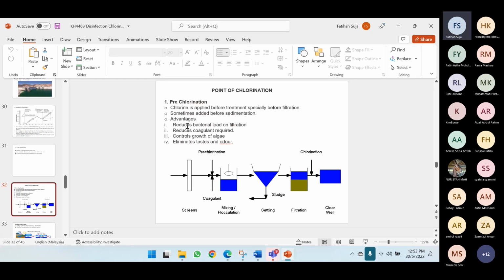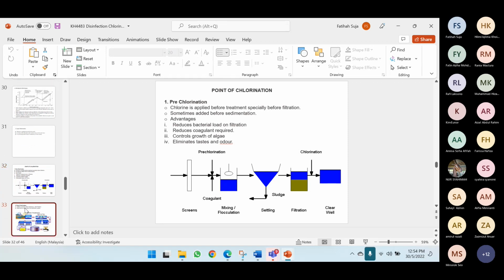The advantage of pre-chlorination is that it will reduce the bacterial load on filtration, because bacteria have mass and provide some loading to the filtration. If you reduce them, you will reduce the load to the filtration unit. It reduces coagulant required, controls growth of algae, and eliminates taste and odor.